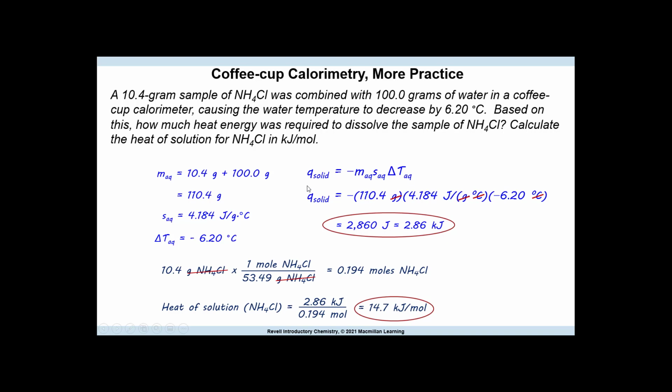That is the heat energy from the solid. So now we need the heat of solution for the ammonium chloride. We need the moles, which is taken from the actual ammonium chloride sample, not counting the water, and then we plug everything in. So the heat of solution is the energy, Q over moles. And this gives us 14.7 kilojoules per mole. So this is, again, the heat of solution.